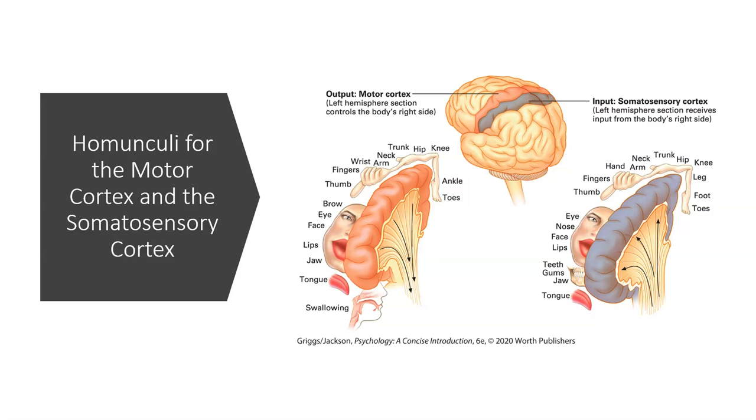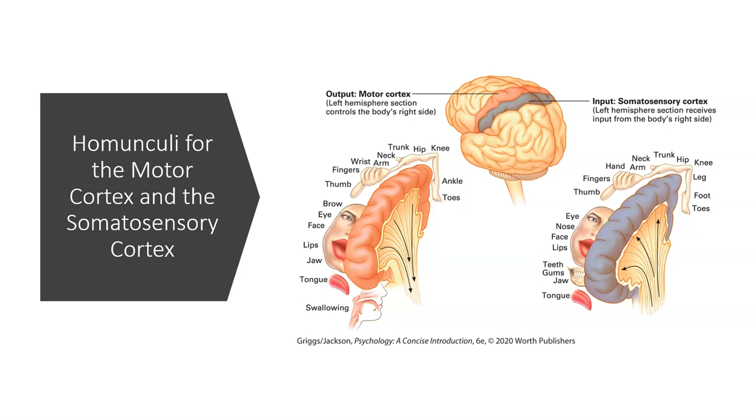Now, your authors provide you with this bizarre-looking set of drawings called homunculi. When you lay out the motor cortex and the somatosensory cortex, what you see is that we have a lot of space allotted to the tongue, the lips, the face, and the hands, especially the thumb, and much less to the trunk, the neck, the hip, the knee, more to your feet, and so on.